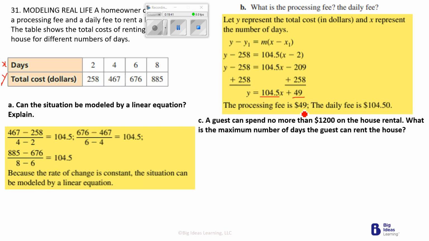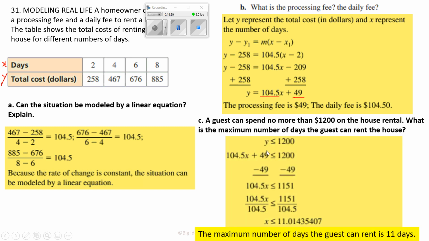Now it says a guest is spending more than $1,200 on the house rental. What is the maximum number of days the guest can rent the house? Well, this isn't that hard because we're going to take this formula we have here and put it in. It says no more than, so it will be less than or equal to 1,200, right? 104.5x plus 49 has to be less than or equal to 1,200, which is representing y now.